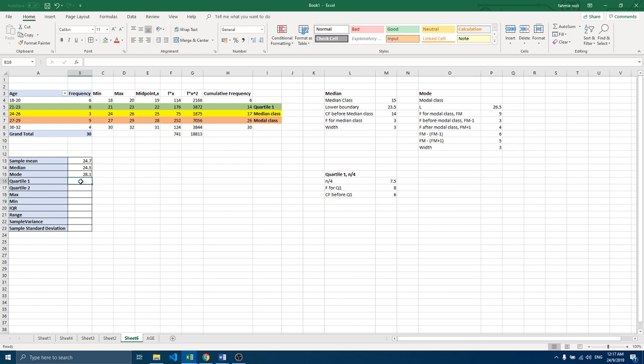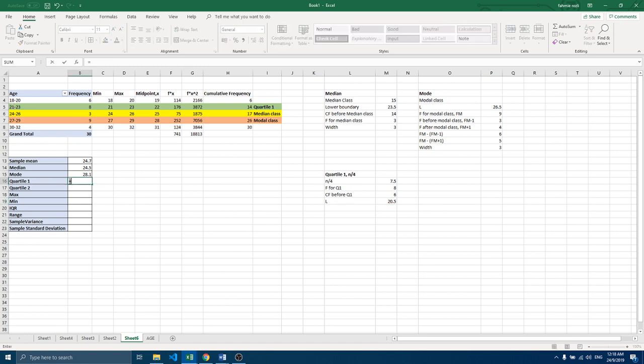So quartile 1 is equal to, one more, you have to find the L, lower boundary. So lower boundary for quartile 1 is 20.5, because 20 to 21 in between is 20.5.